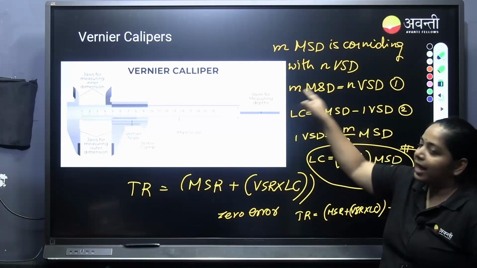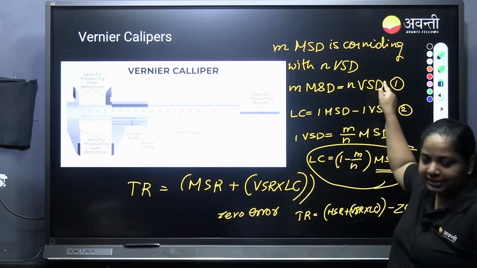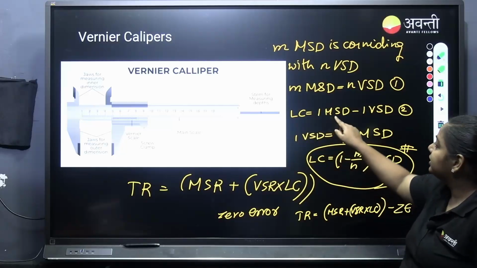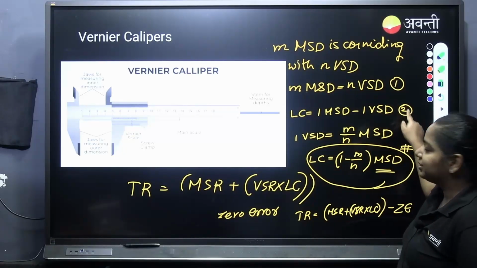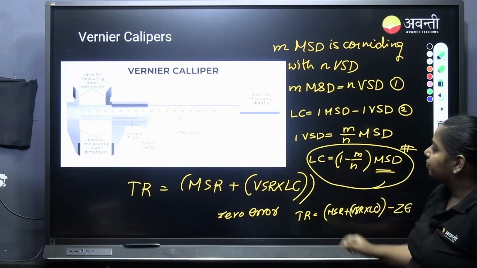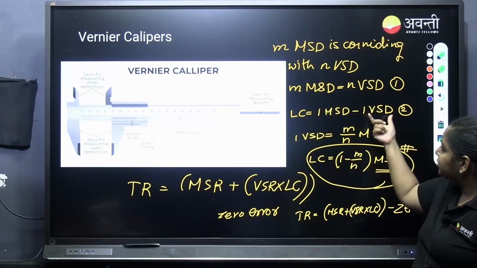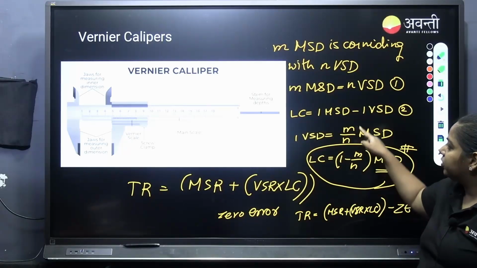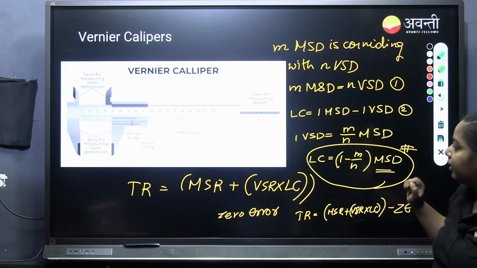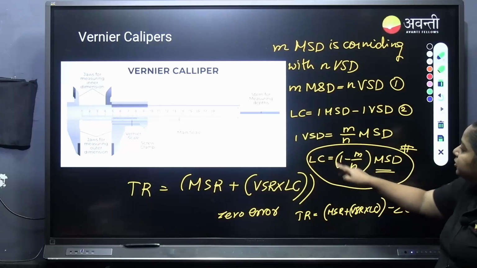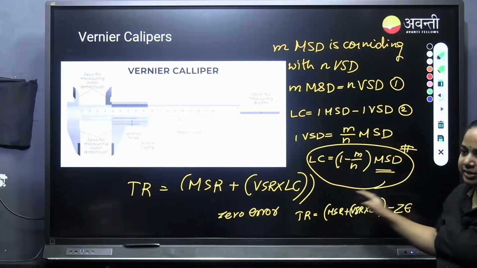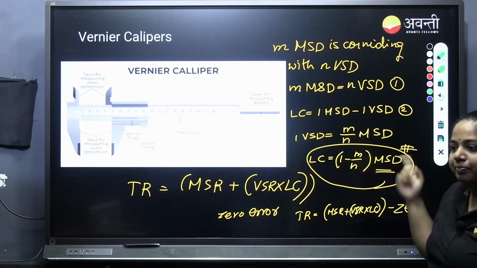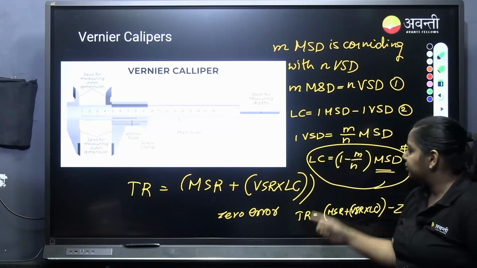So you equate M MSD equal to N VSD, and for finding least count we have the equation 1 MSD minus 1 VSD equals least count. In this we substitute 1 VSD equal to M by N MSD, and after substituting that we get an equation for least count. This is the additional equation you need for entrance exams.